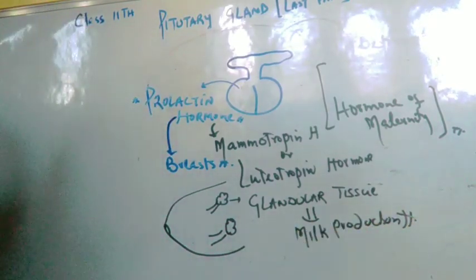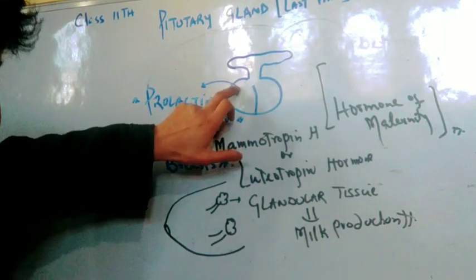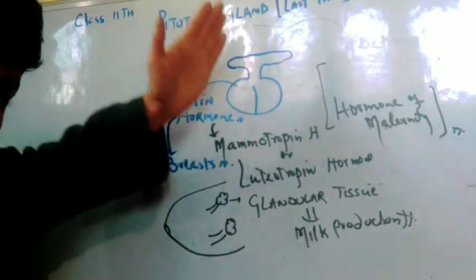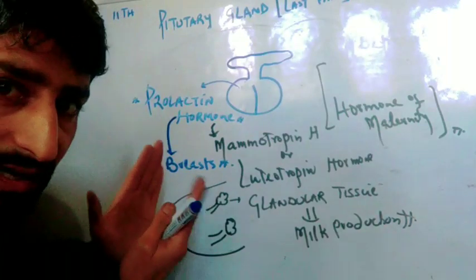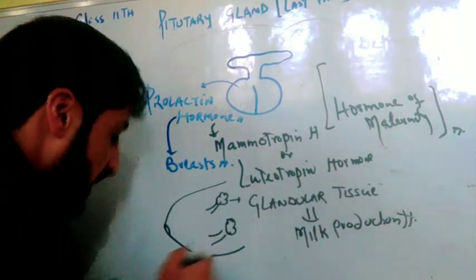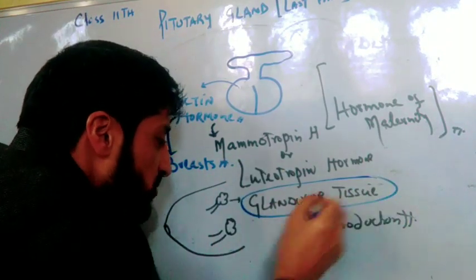Prolactin hormone, once produced from the anterior lobe of pituitary gland, is released into the blood, and blood takes this prolactin hormone up to the target structure. The target structure is the glandular tissue of the mammary gland.